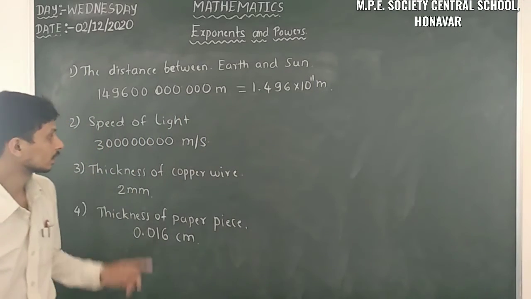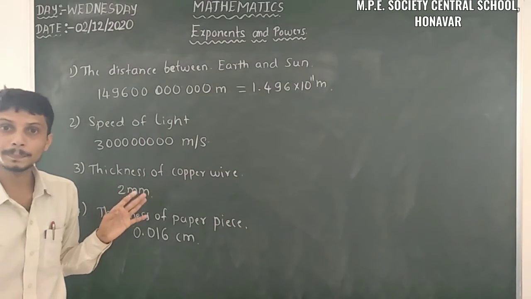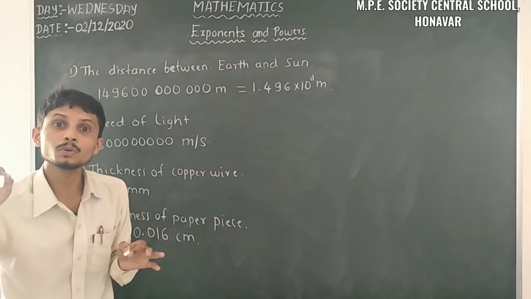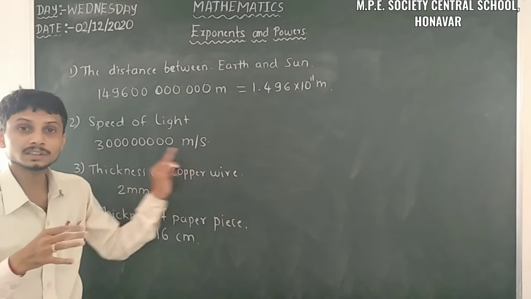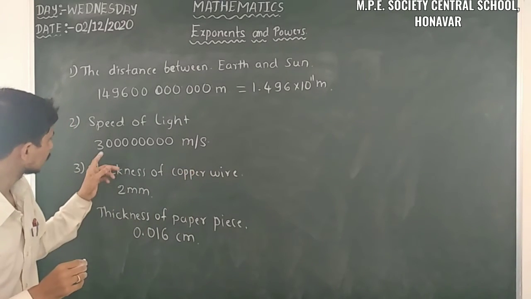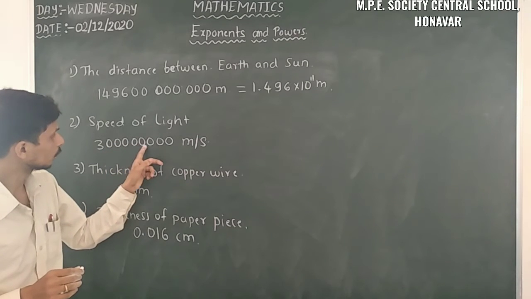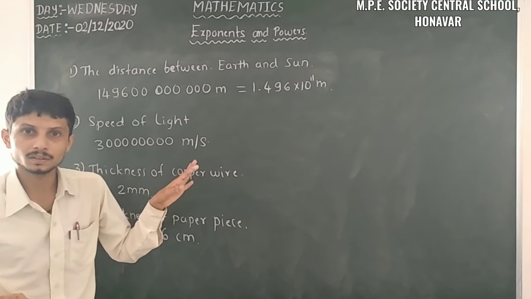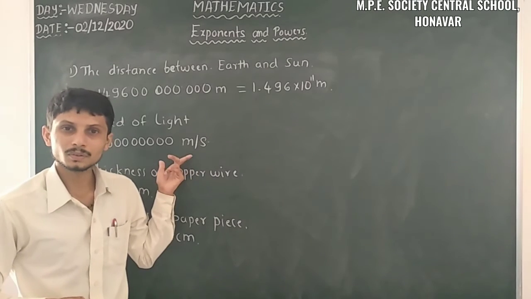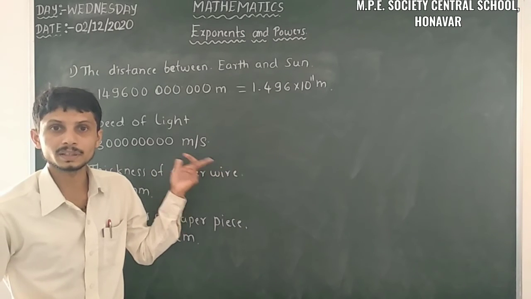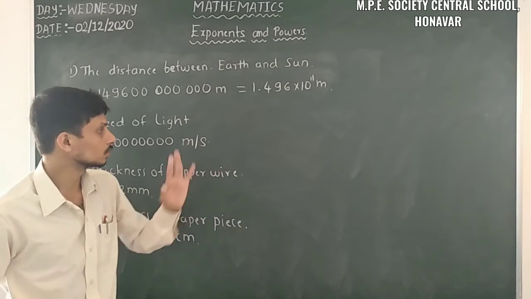Likewise we are taking here the speed of light. That means in 1 second, light has the ability to reach this much distance, this many meters. How much is it? 3, then 1, 2, 3, 4, 5, 6, 7, 8: 8 zeros are there after 3. So it is actually 3 lakh kilometers.